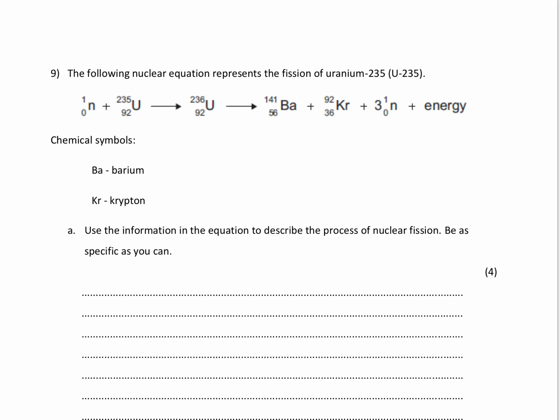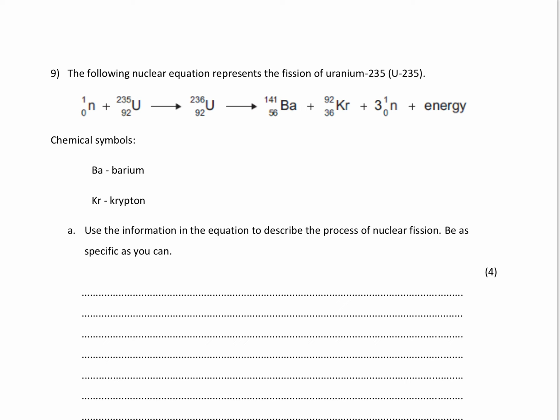Hi there. Right, I'm going to talk about question 9 on the Year 10 exam, which is this one here, and it's talking about nuclear fission. You're given, as you can see, an equation which has actually got 2 right arrows. So this is the first part of the process.